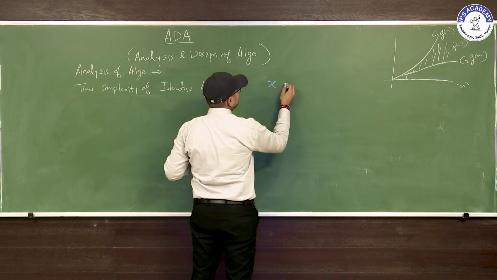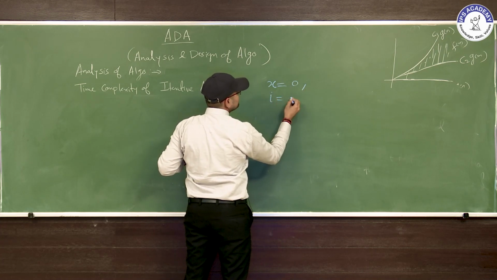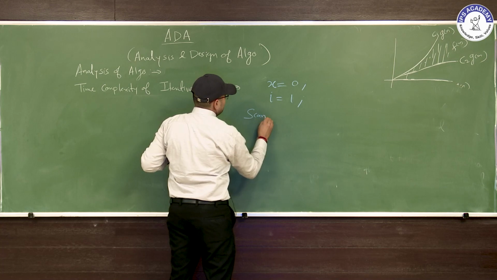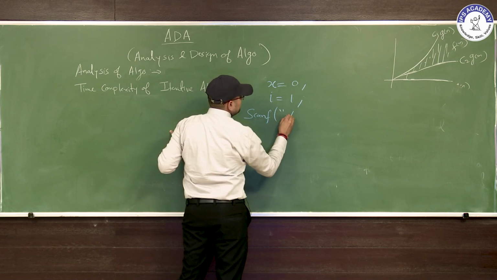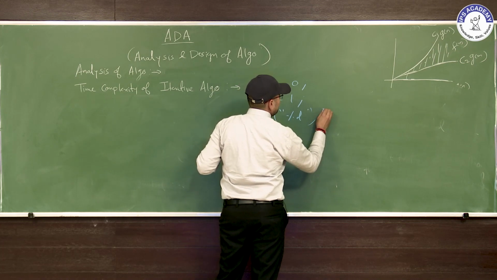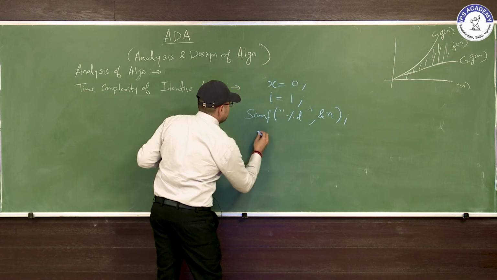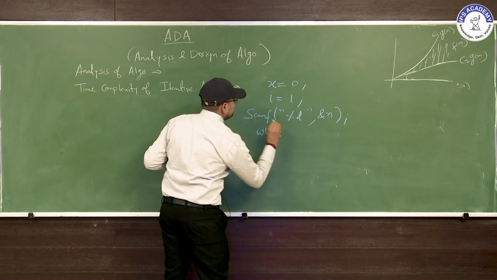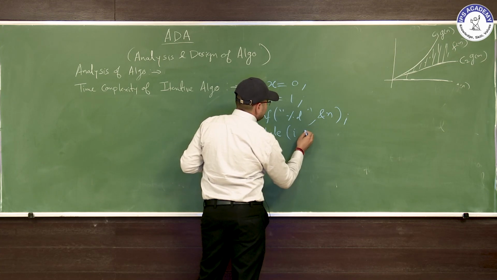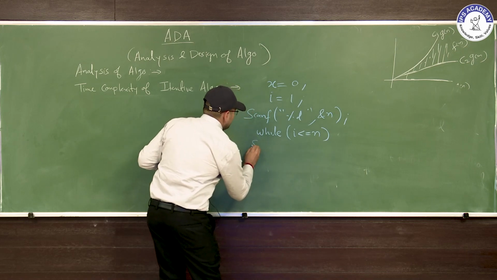Some variable, say x equals 0, some variable i equals 1, and now we are having some input n from the user, and then we are having a loop: while i is less than or equal to n, what we have to do?